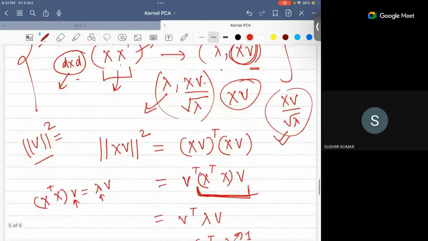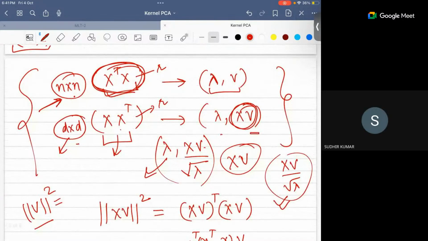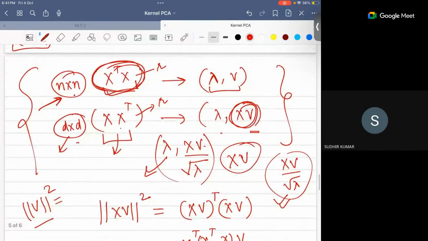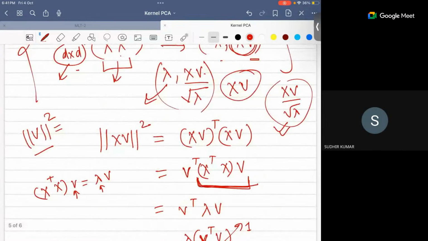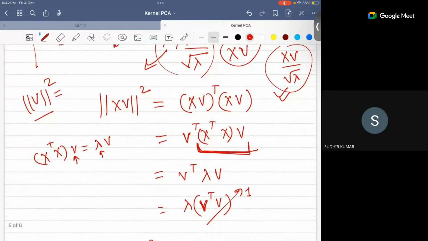Now the next part: for any vector, how do you make it a unit vector? You divide it by its magnitude. Since we were getting xv as the eigenvector, we have to divide it by its magnitude.